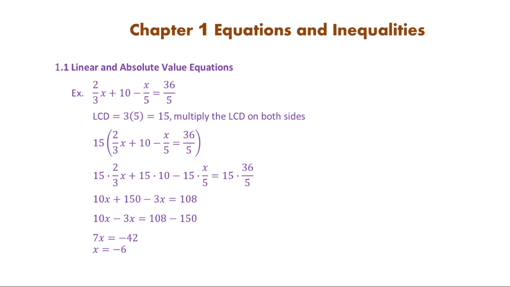And the third term, negative 15 times x over 5. Again, if you do it the easy way, 15 comes on the top, so you can cancel 5 from 15 and you get 3, so you get negative 3x from that term. And on the right side, you can do it again. 15 cancel 5, you get 3. 3 times 36 is 108. Okay.